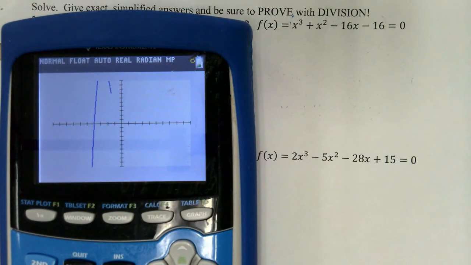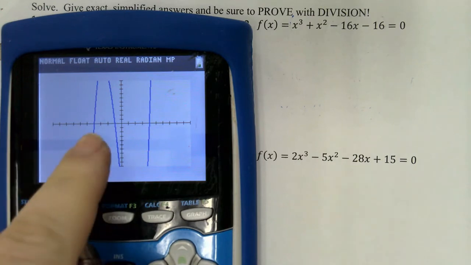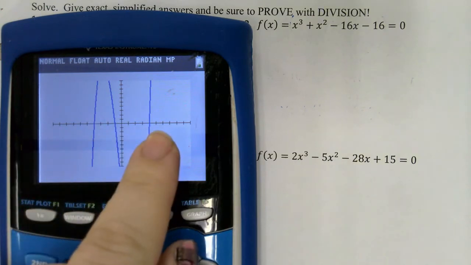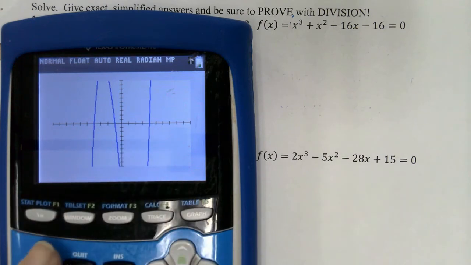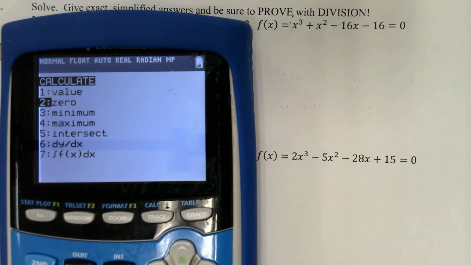And what I'm looking for is nice, pretty solutions. So I can see that I actually have my choice. It looks like all 3 of the roots are going to be nice, pretty solutions. So second calc, I'm just going to find one of them.